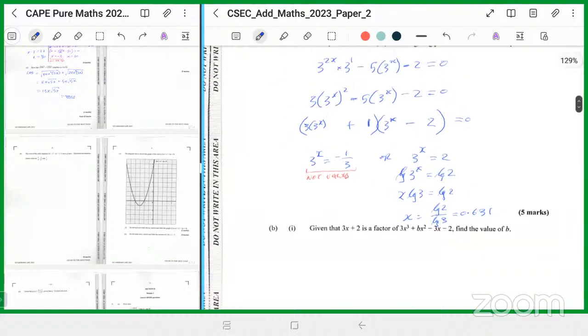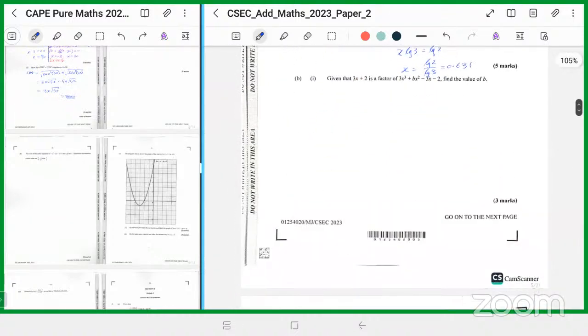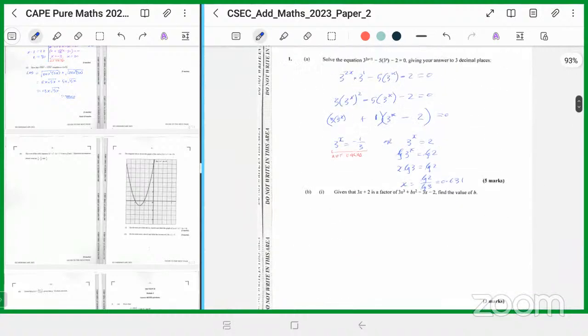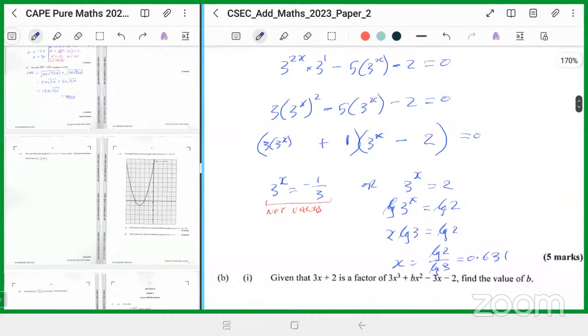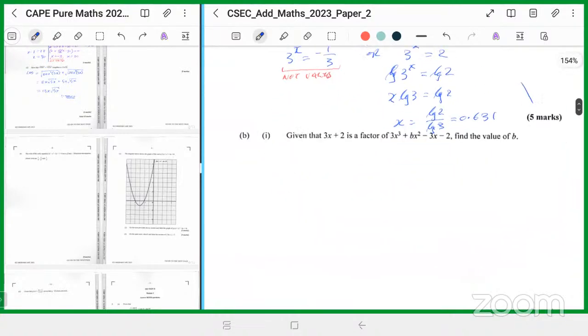All right. For the factor theorem, see if there's any logs on the paper. Straight. By the way, before we move on, let me see if there's any logs on the paper now.